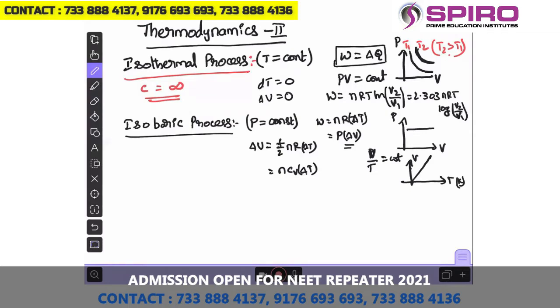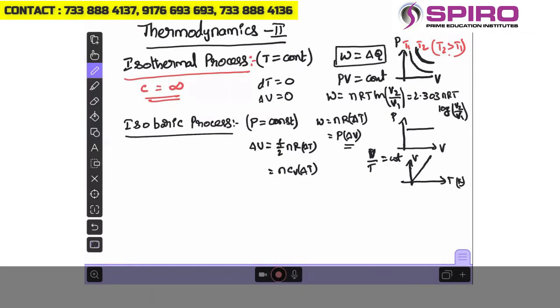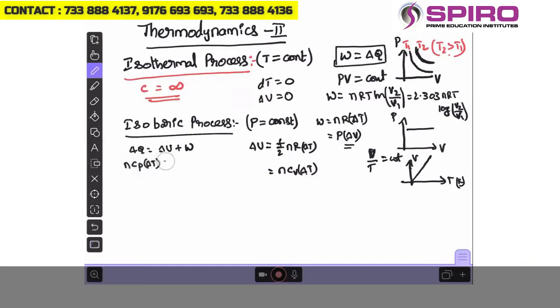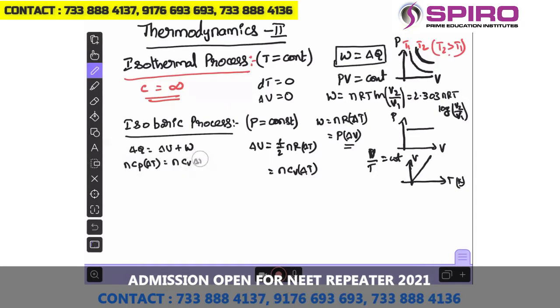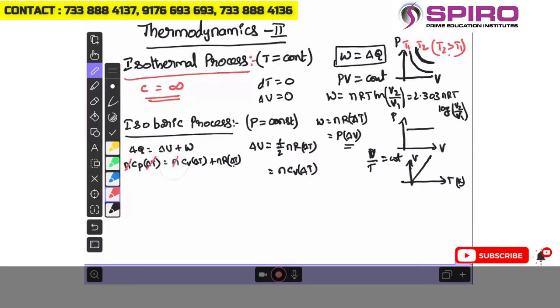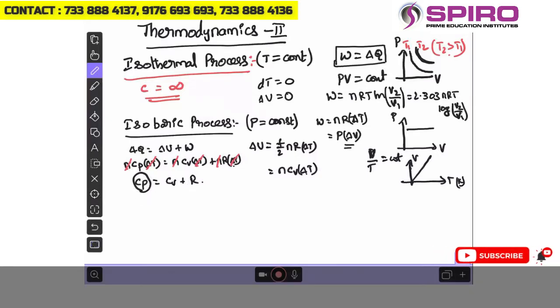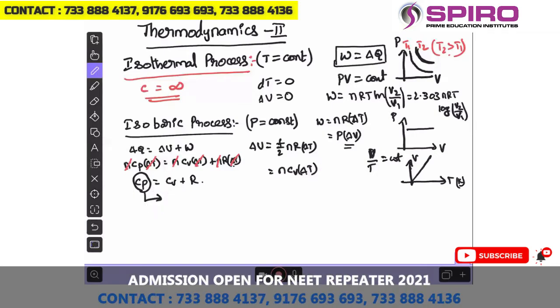And what is the specific heat? If you write the first law of thermodynamics in the isobaric process, delta Q is equal to delta U plus W, external work done, and this can be written in detail as nCp delta T is equal to nCv delta T plus nR delta T. If you make possible simplifications, n delta T will be cancelled, and then Cp is equal to Cv plus R, where Cp is the molar specific heat of the gas at constant pressure, which is the specific heat for isobaric process.